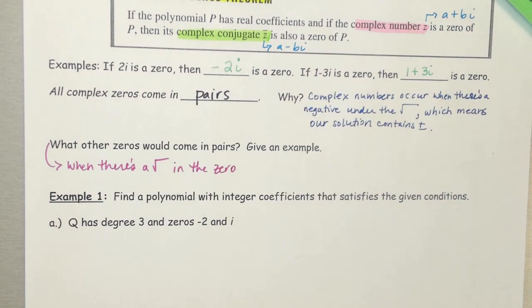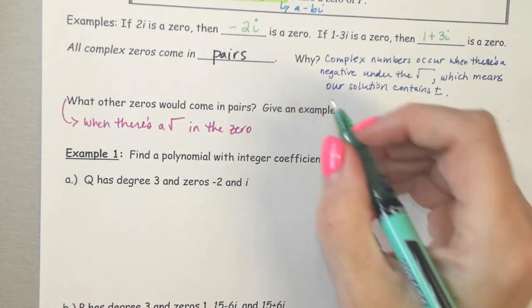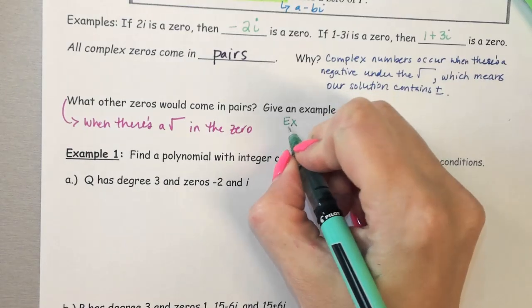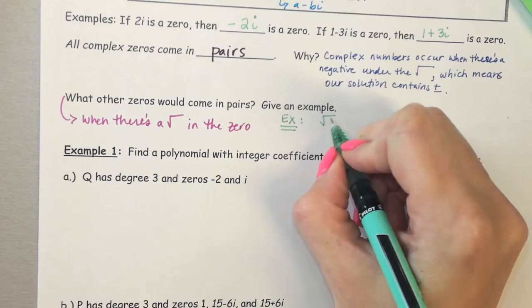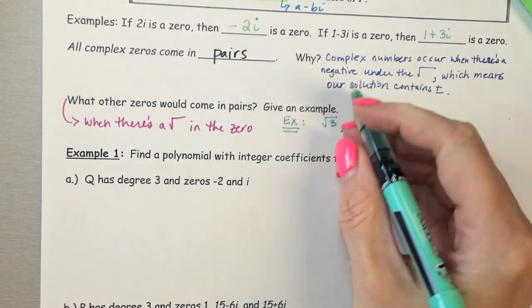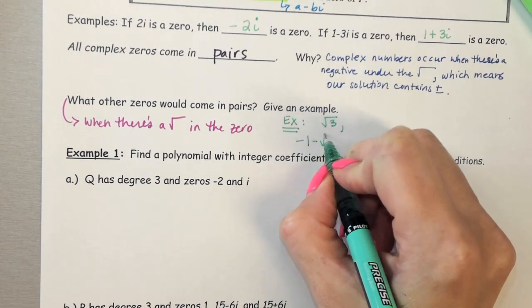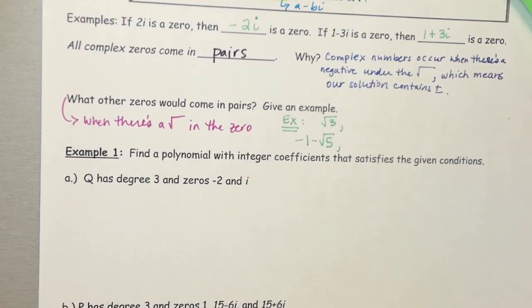And then for our examples, I'll give you a zero, you give me its conjugate. Root 3, you tell me what its buddy would be. Negative 1 minus root 5, you tell me what its buddy would be.